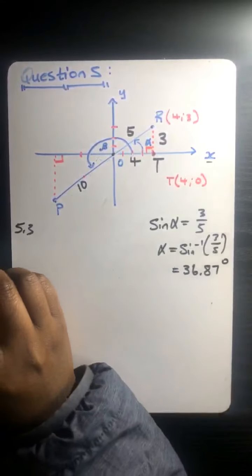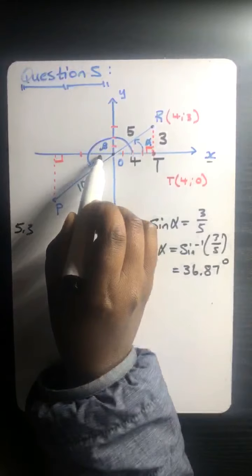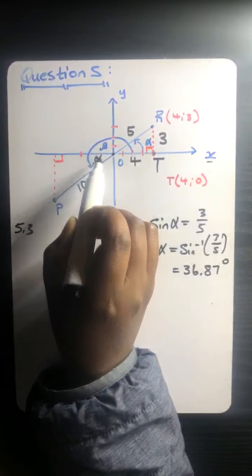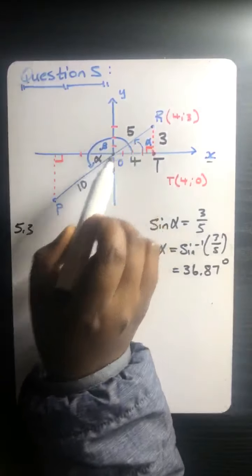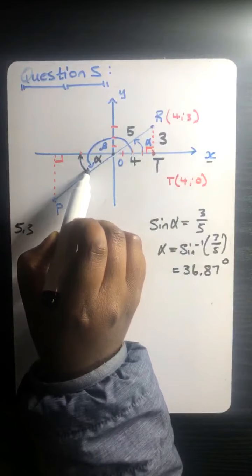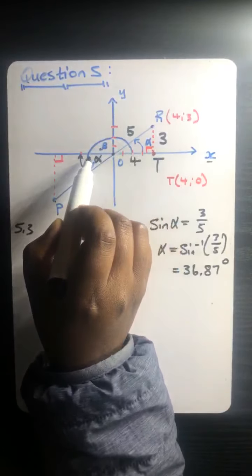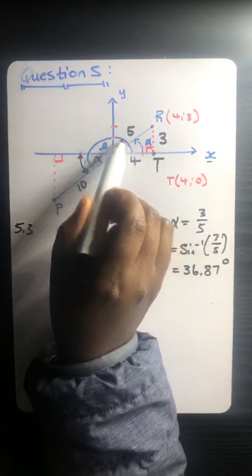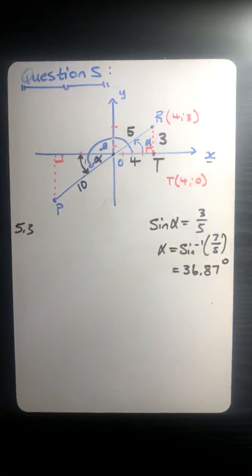So that means also this is equal to alpha. According to what we discussed, this angle is the same as this small angle there, not the whole of that. So beta is obviously 180 plus that. Does it make sense?